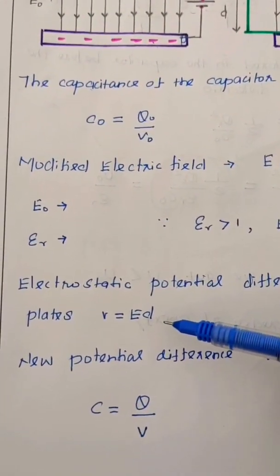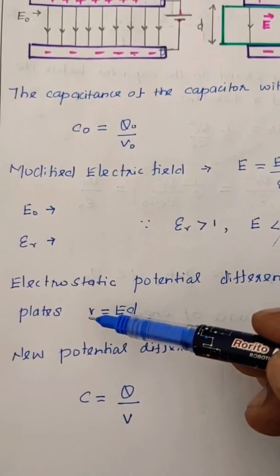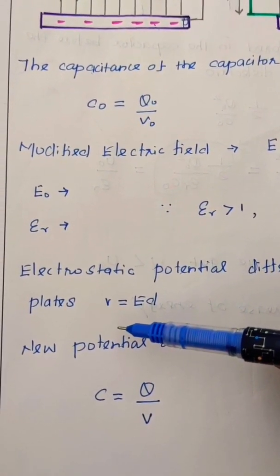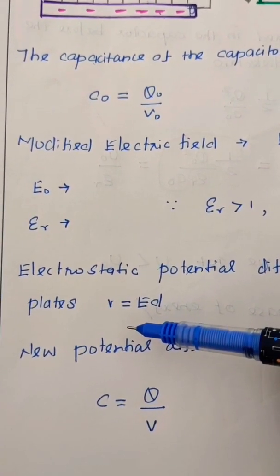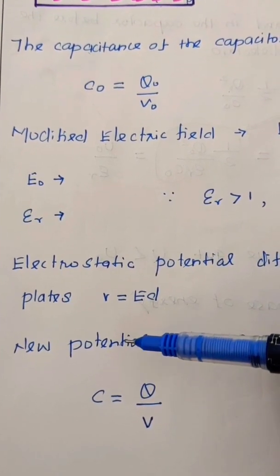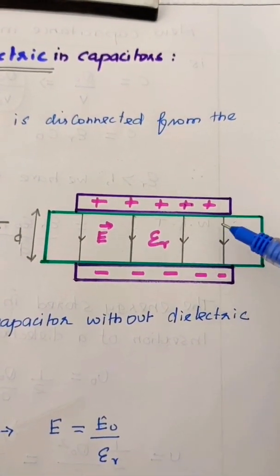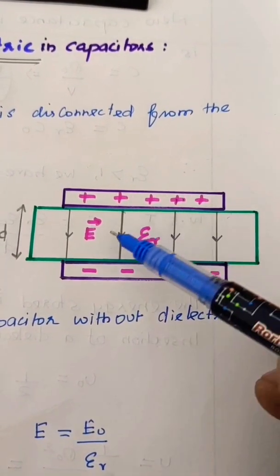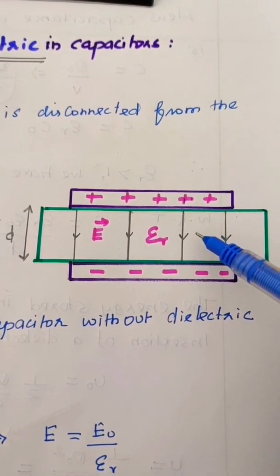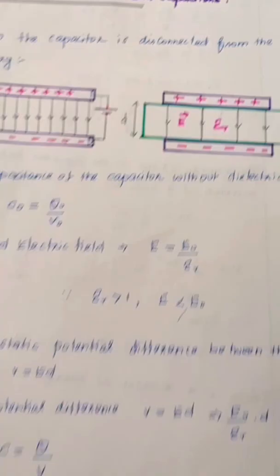As a result, the electrostatic potential difference between the plates, V equal to ED, is also reduced. At the same time, the charge does not change; Q naught remains constant. Because the battery is removed, the charge does not move anywhere. Only the induced charges stay inside the dielectric.